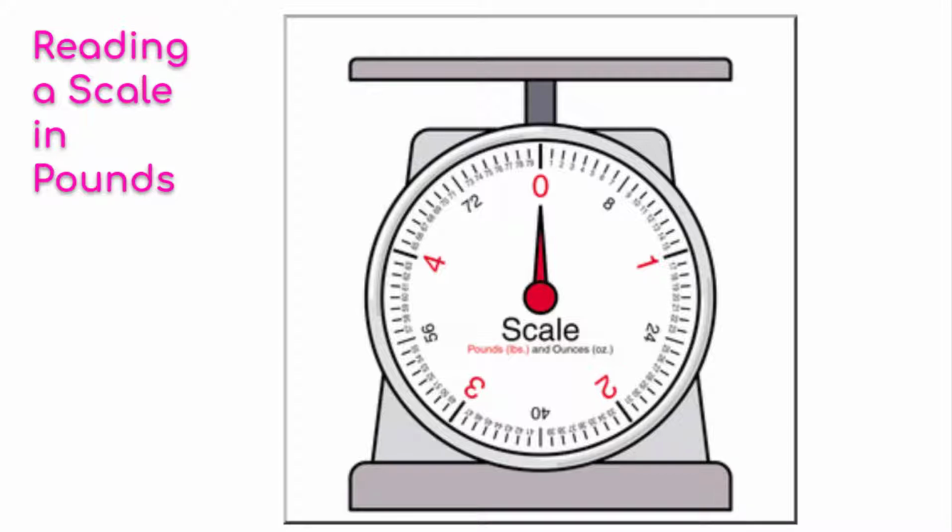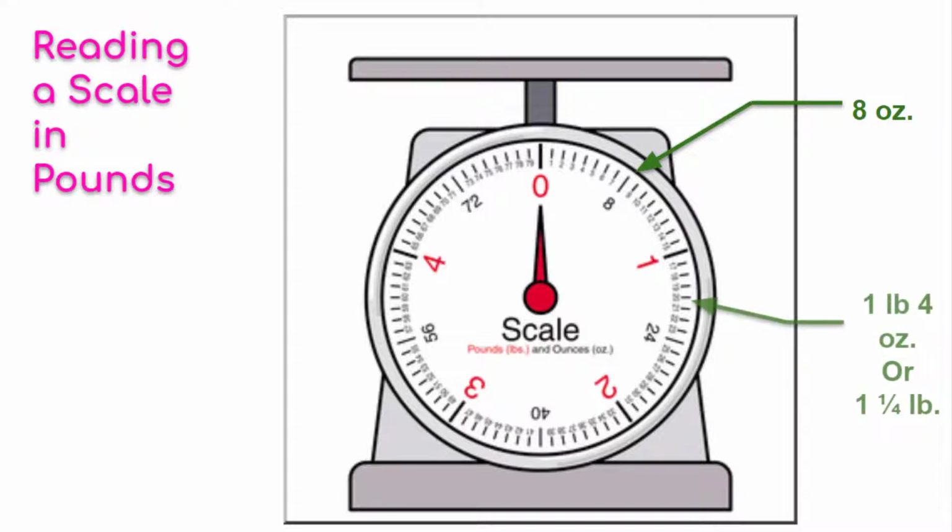For example, on this scale, this mark is 8 ounces or half of a pound. The next mark is 1 pound and 4 ounces or 1¼ pounds, since 4 ounces take up a quarter of that measure for pounds. If we think about it too, 4 ounces is 4/16 of a pound, and that can be written as 1/4 pound.